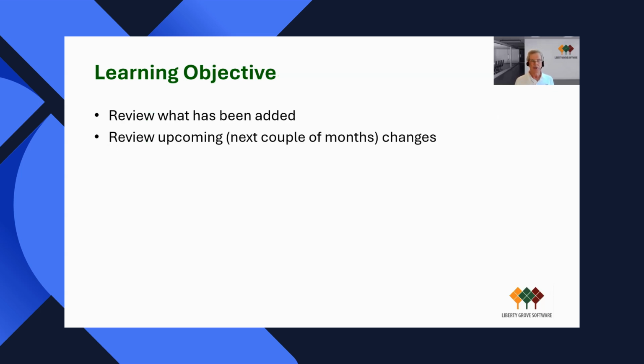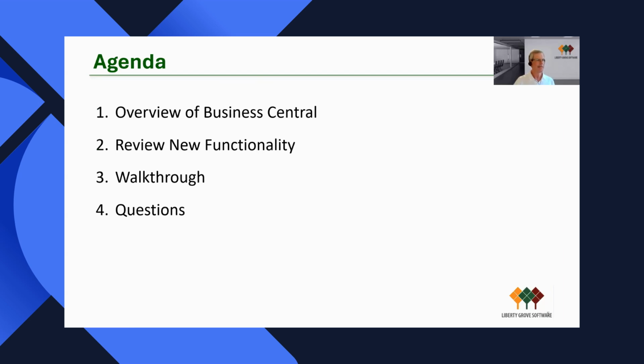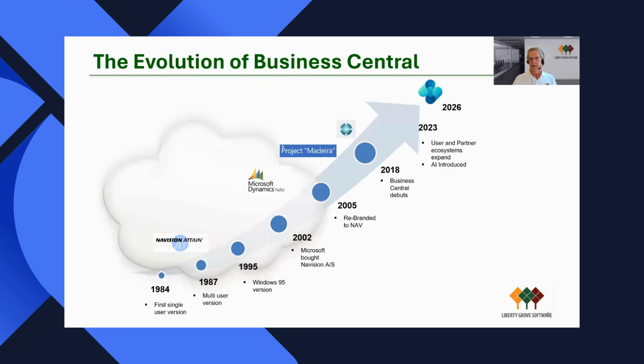And you'll get a chance to find out what's been added, and as well a bit of vision down the road in terms of some of the other things that will be coming this year. We'll look at BC, we'll go through the functionality, and we'll show a couple of key new reports that have been updated as part of the current release.